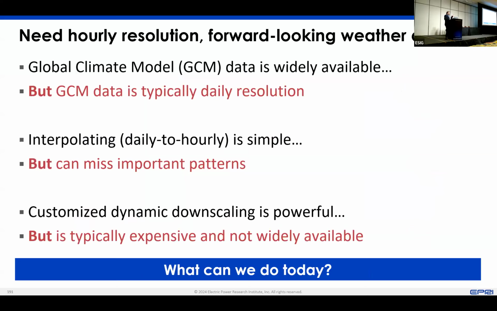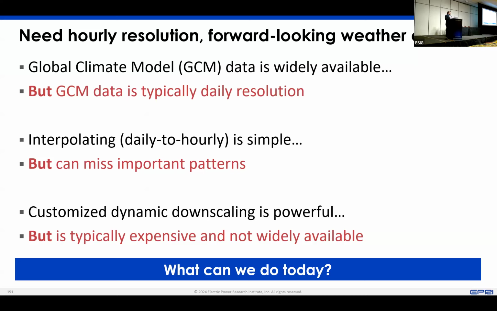Again, other folks have mentioned this, but you have different options for this, and there are some pros and cons. So you really want these hourly resolution, forward-looking weather data sets. Global climate models are great, give you forward-looking data. They're daily resolution. They also have spatial resolution limitations. You could interpolate the data. Some people do that. That's very simple and practical.